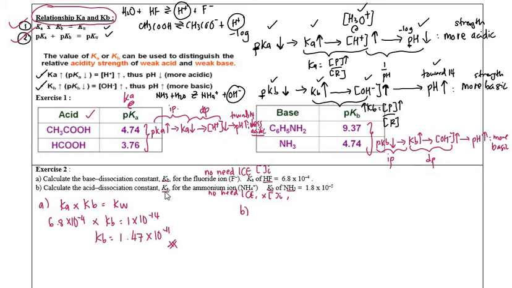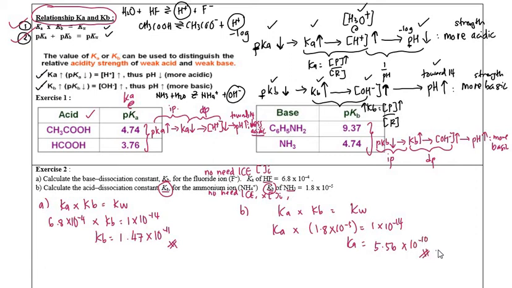So what is the relationship between Ka and Kb? Use this formula again. Alright, so Ka you want to find, multiply by 1.8 exponent negative 5, equals 1 exponent negative 14. So your value of Ka is 5.56 exponent negative 10. Then this is your answer.